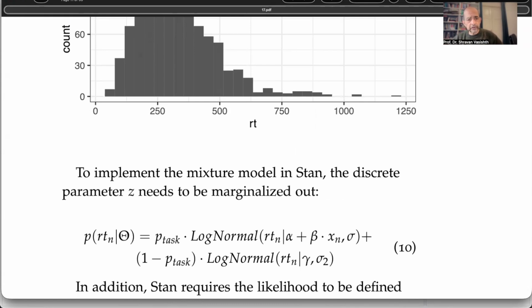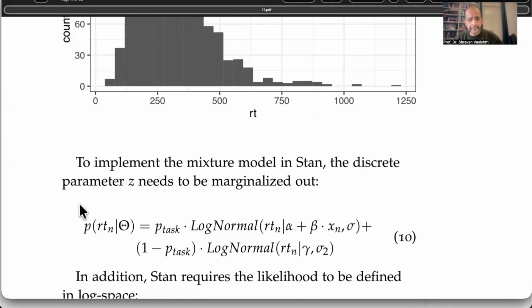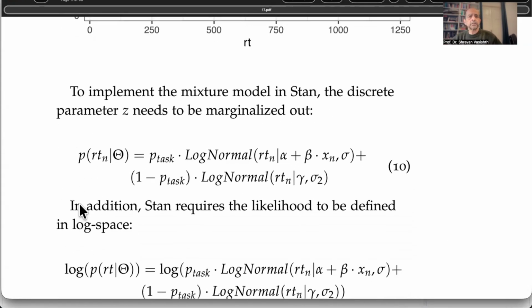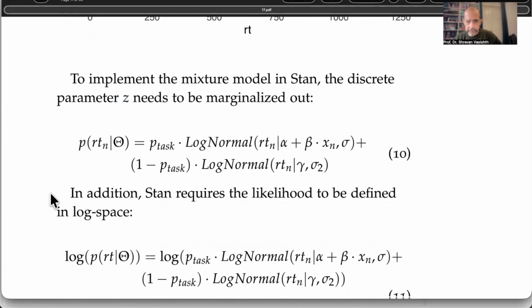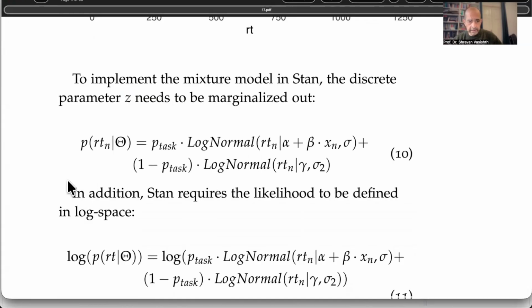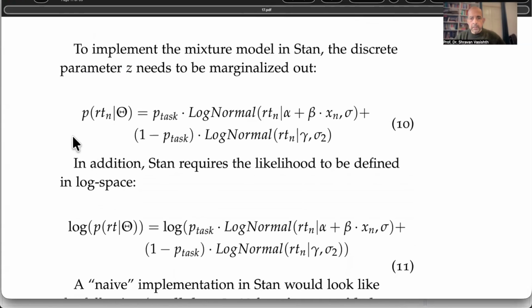So now we're going to implement the mixture model in Stan, and the discrete parameter, as I said, this indicator variable, will be marginalized out. So we will write the model like this, right? As I showed earlier, it's a sum of two weighted log normal likelihoods.